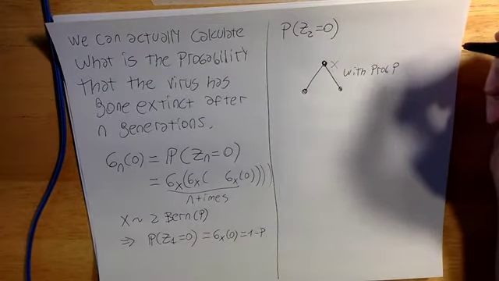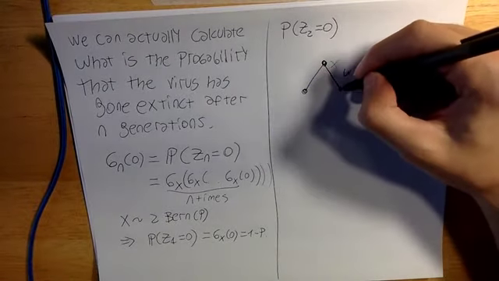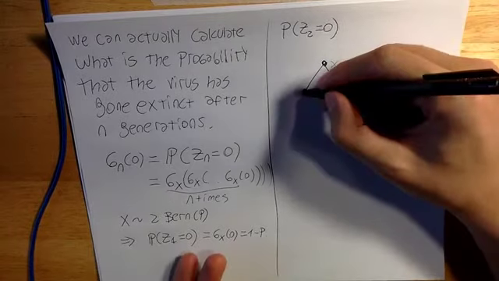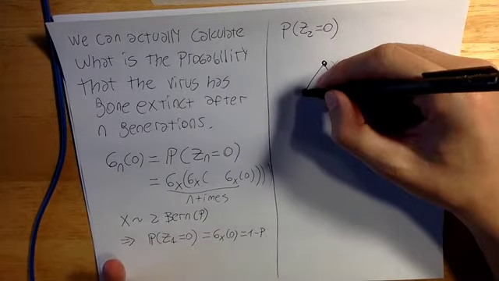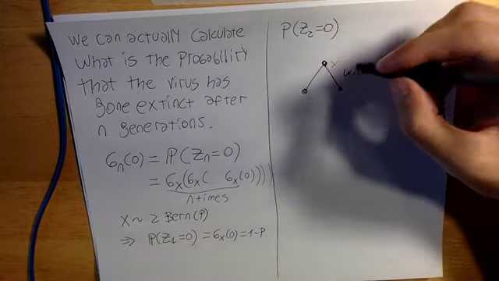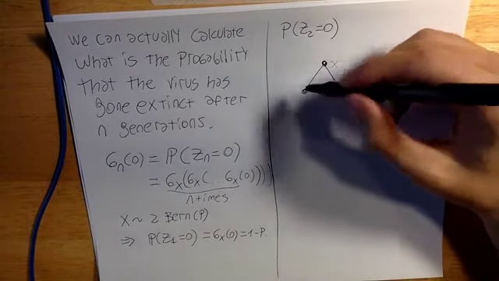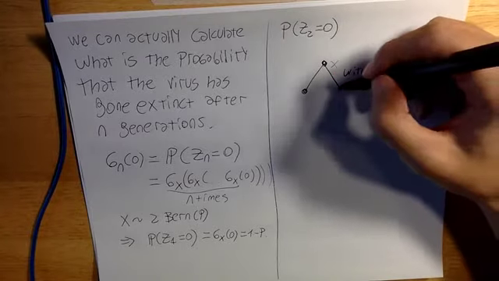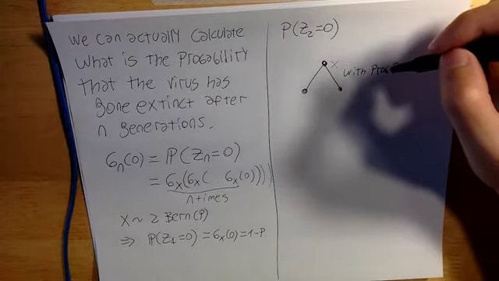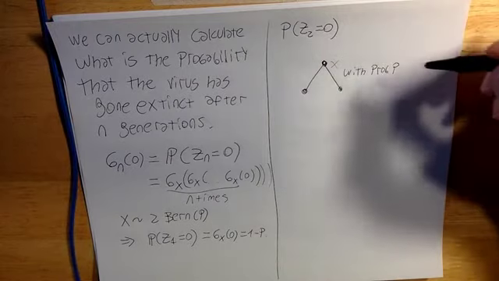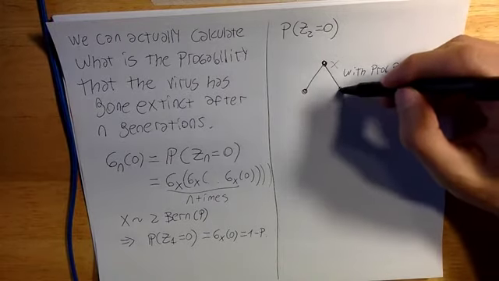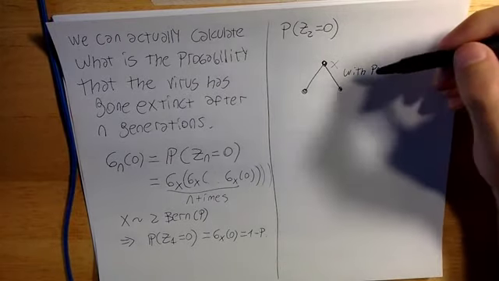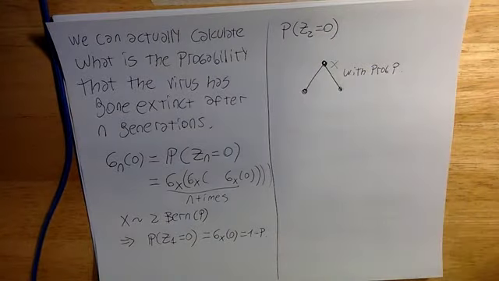But now, each of these people can infect no people with probability 1 minus p, or you can actually have that one of them infects 2 people with probability p.